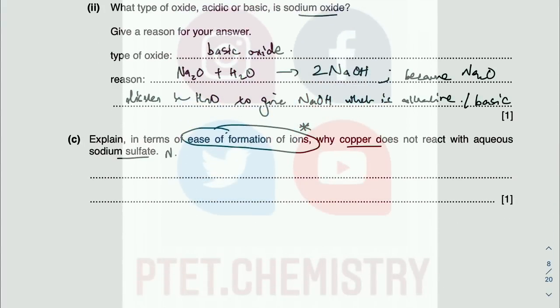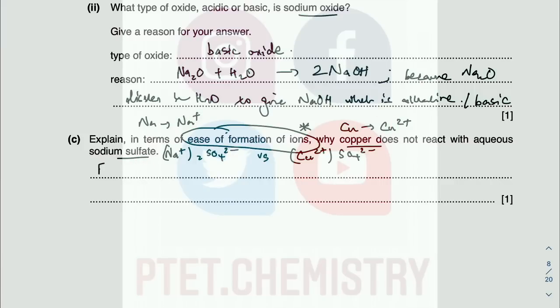Sodium sulfate is Na plus, 2 of it, with SO4 2 minus, versus copper 2 plus, SO4 2 minus. So when you start from copper, you have to go to copper 2 plus. When you start from Na, you just go to Na plus. So there's the difference really. You only need to lose 1 electron. You need to lose 2 electrons for it to become copper 2 sulfate.